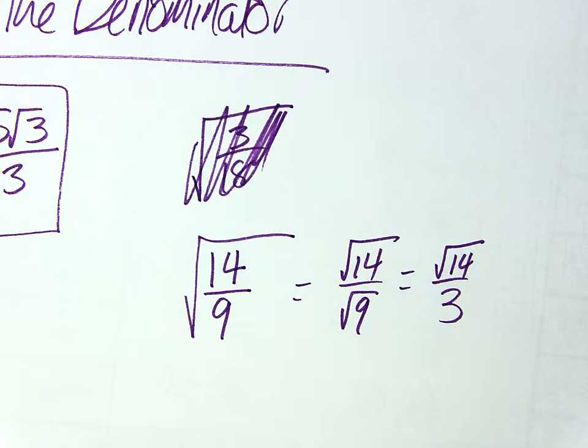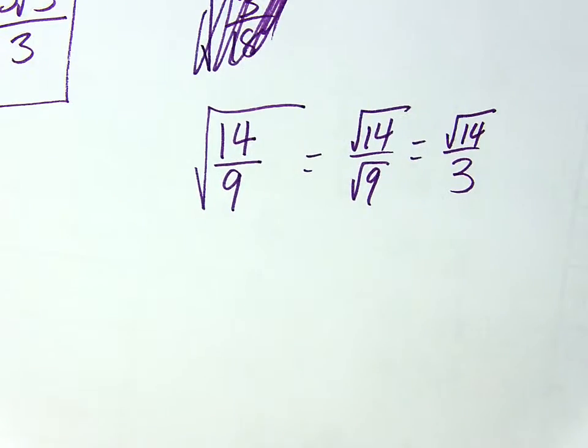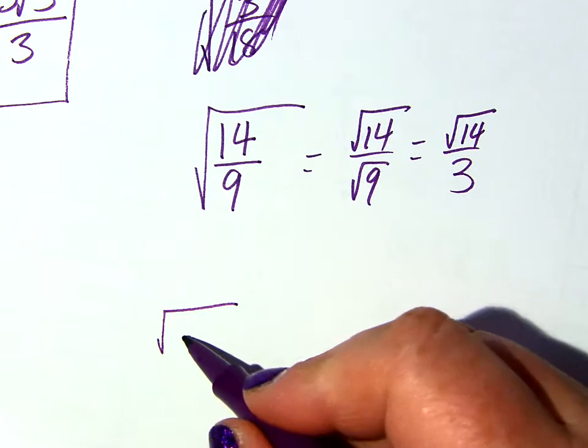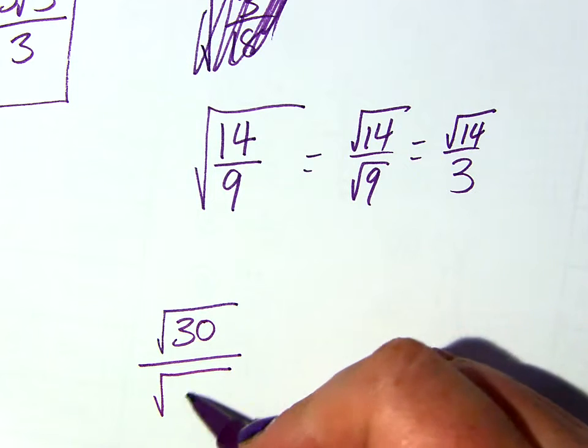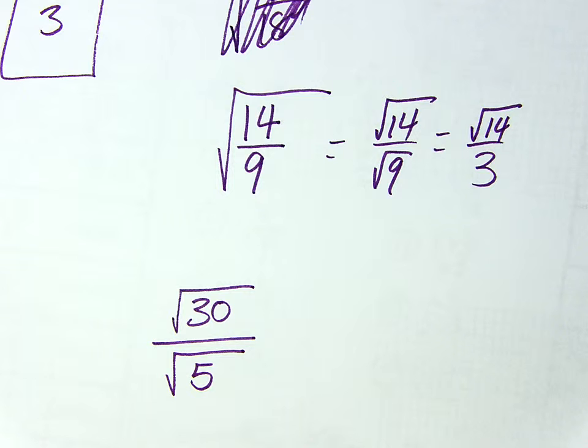So for the same reason, let's say I had them split up and I had something like the square root of 30 over the square root of 5. Well, it works the other way too.